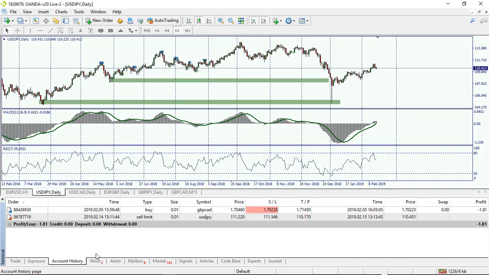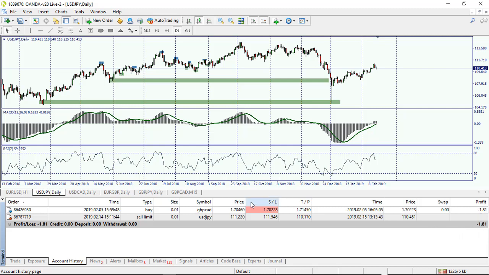So as I invite you on my live account, like I said, this will be us showing you our live accounts. If you remember quite well, on our first episode, I initially showed a trade on the GBP Canadian, and although it went our direction, I was a little bit too early. I got spiked out, and as you can see, I lost minus 1.8, and I'm still in profit.